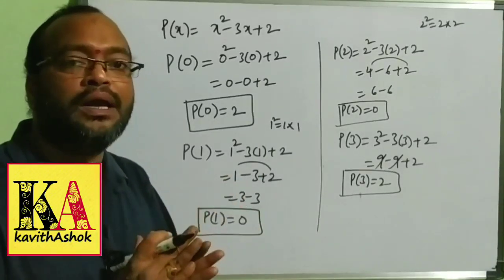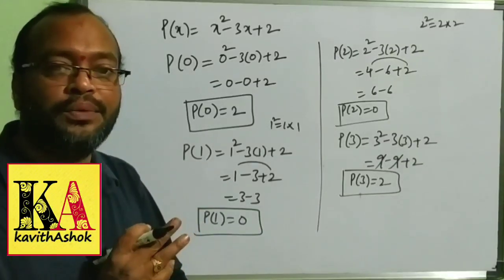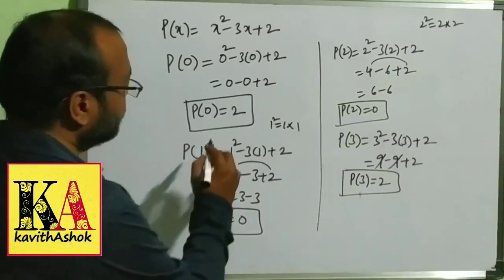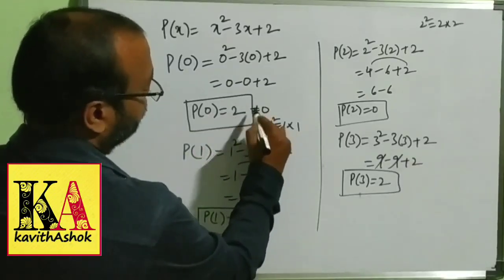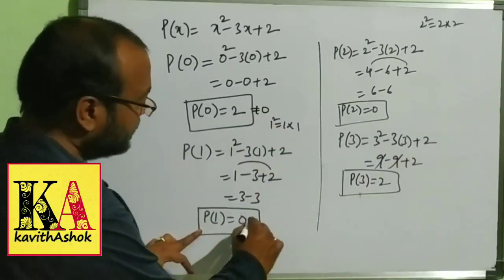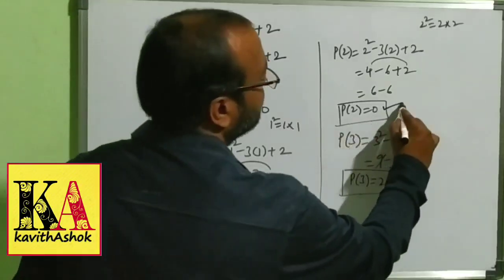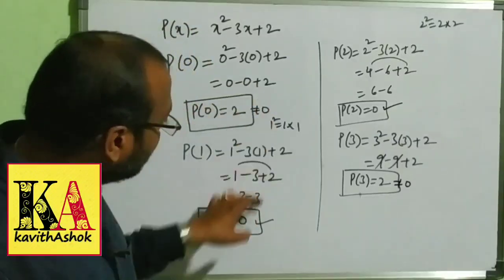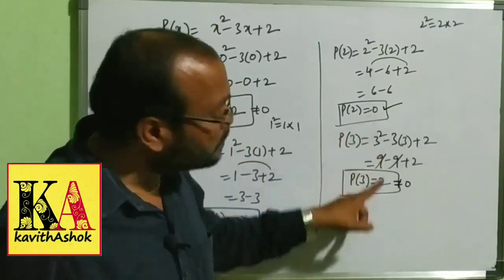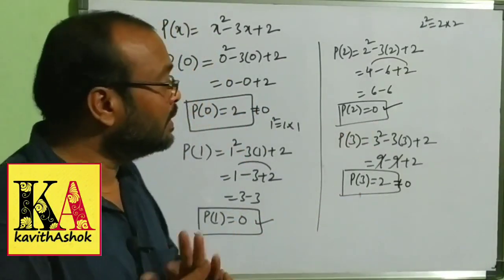When will the value of the polynomial become the zero of the polynomial? Once you observe, if you substitute 0, we got 2, which is not equal to 0. When you substitute 1, we got 0. When you substitute 2, here also we got 0. If you substitute 3, we cannot get 0. All these answers 2, 0, 0, 2 are values of the polynomial only.